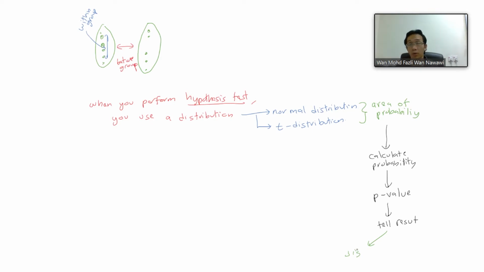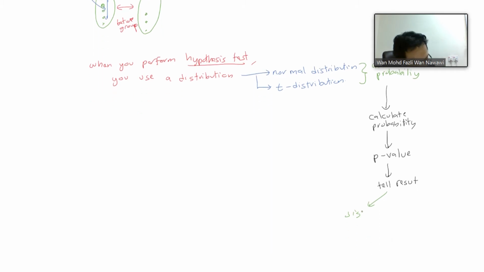For example, you want to check the interaction between factors. You take that between factors and put it in the normal distribution. The software does this: it distributes it in the normal distribution, finds the area, and calculates from the area to get the p-value, and then you get the result. So the result is either significant or non-significant.